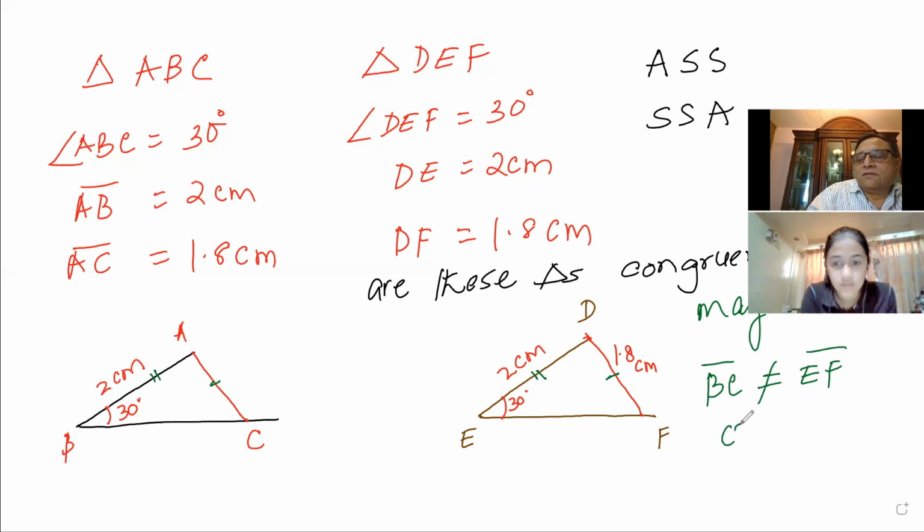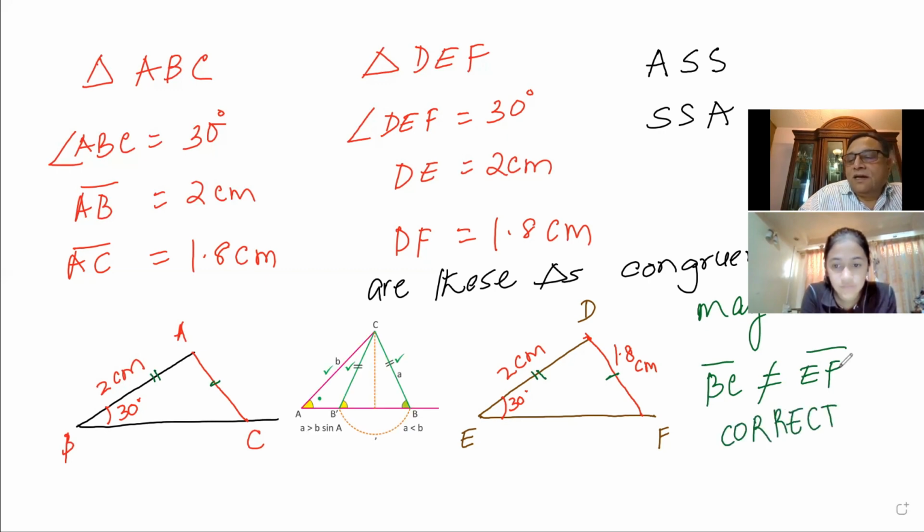Yes. Correct. I like this. But you have to tell me how. That is thinking. That is creative thinking. How? So you are on the right path. They are not congruent because maybe they can be congruent also.